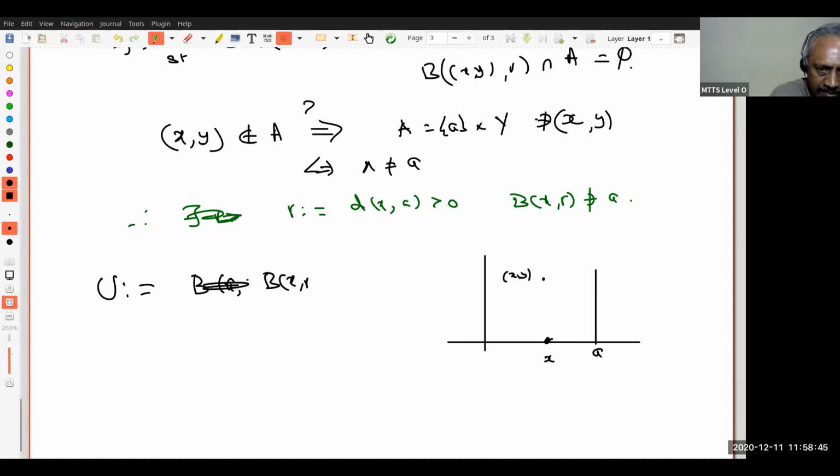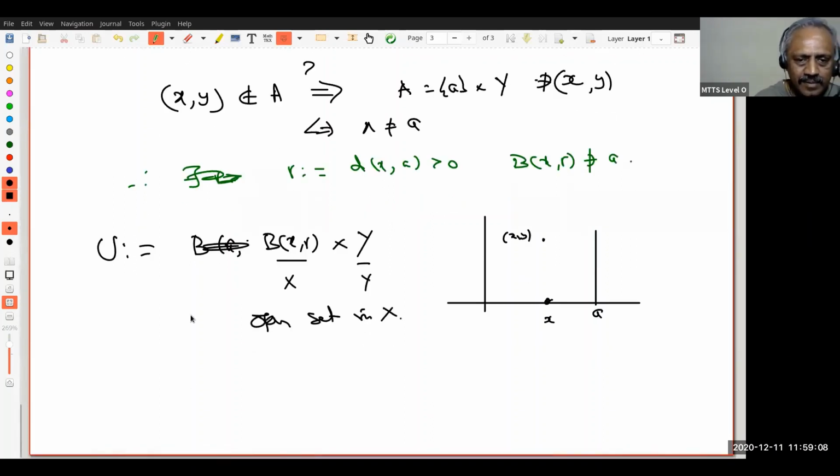I can do something easy, like B(x, r) cross Y. Now this is open in X and Y is open in Y. You understand that? And we had already seen that the product of two open sets is open in the product topology. Therefore, this is an open set in X cross Y. Now, what is it that I have to prove? I have to prove that U intersection A is empty.